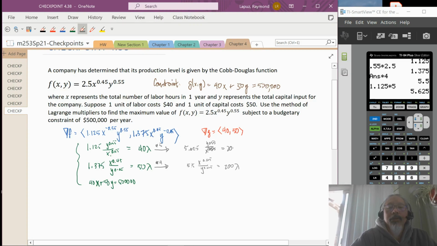And since these are both equal to 200 lambda, I can set them equal to each other.